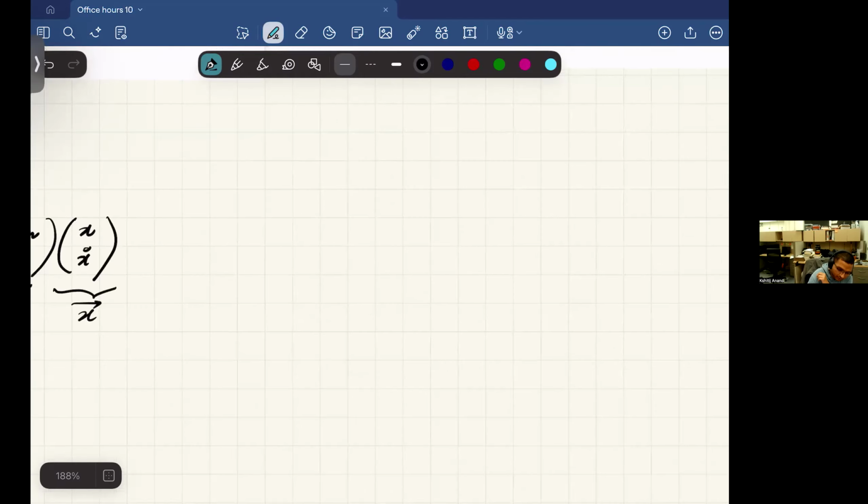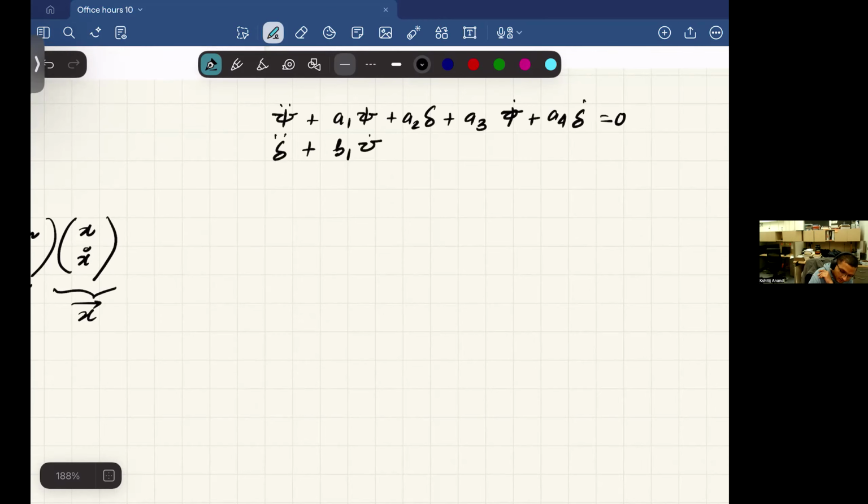But what if there is another system where I have psi double dot plus a1 psi plus a2 delta plus a3 psi dot plus a4 delta dot equals 0, and delta double dot plus B1 psi plus B2 delta plus B3 psi dot plus B4 delta dot equals 0? This means that the evolution of psi and delta is not independent, it's coupled. Psi and delta affect each other. So how can I write a state space form?